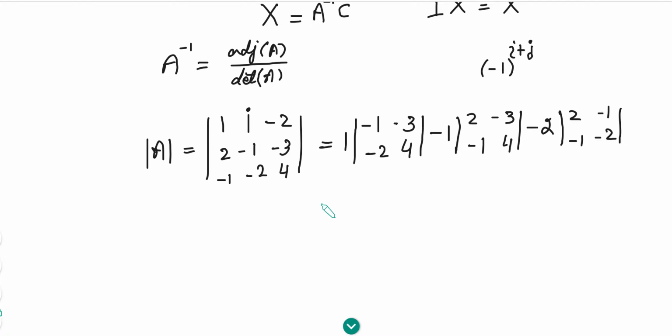Now we can find their determinants. The rule is that we multiply the diagonal elements. It is 1 times 4 times -1, which is -4, and we take away the multiplication of the second diagonal elements, -3 and -2.